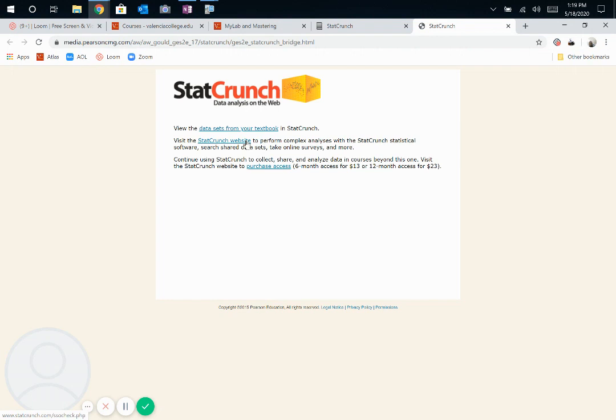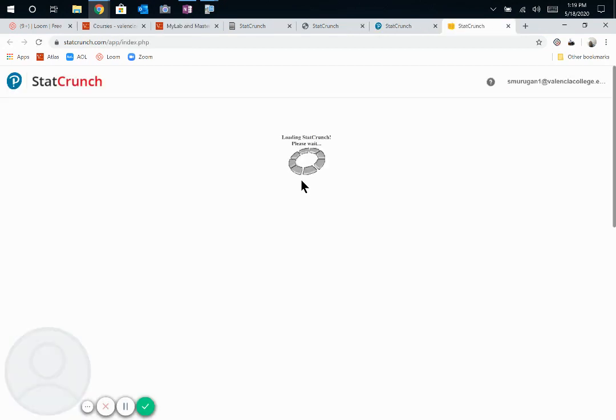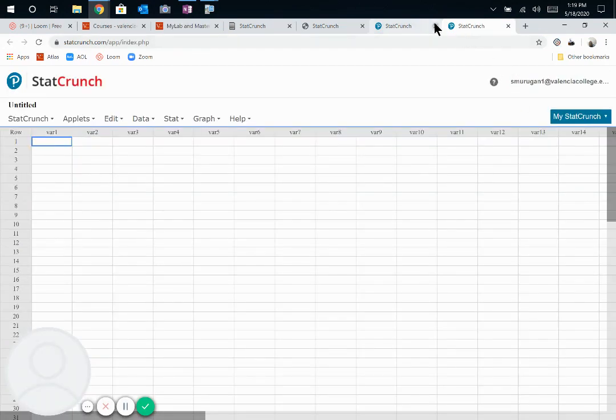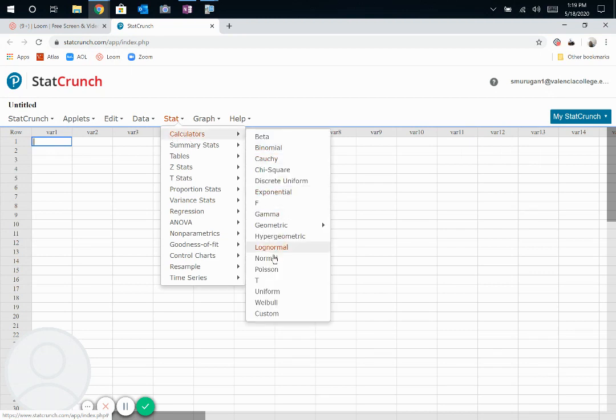I usually open it in another window on the StatCrunch website. You can keep it open on your desktop, but we really don't need the rest of these windows open, so I'm going to close them. And here I would press the Stat button, Calculators, Normal.